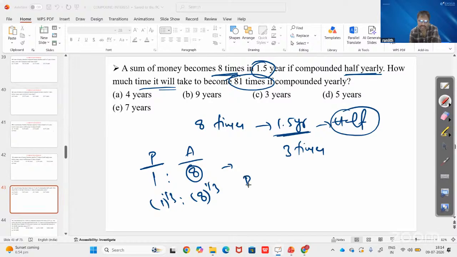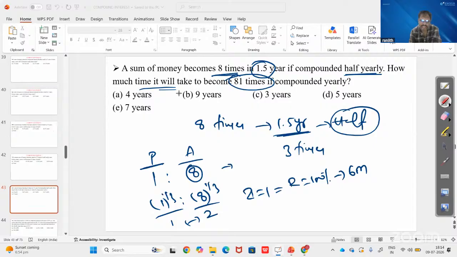So principal will be equal to 1, amount will be equal to 2. What is the interest I am getting? Interest equal to 1, where R equal to 100 percentage for 6 months. Finally, what is asked is how much time it will take to become 81 times when compounded yearly.